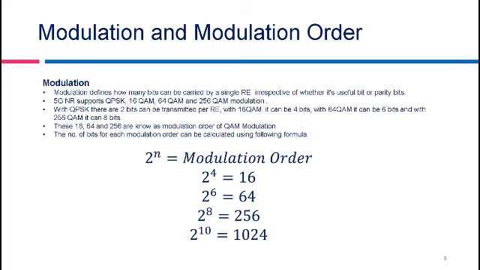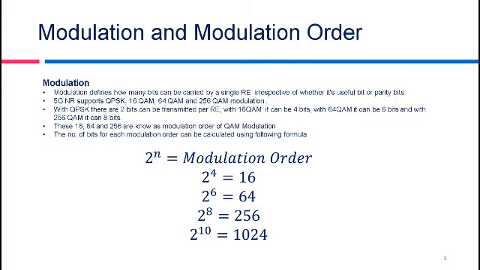With QPSK, 2 bits can be transmitted per resource element. With 16 QAM, it can be 4 bits. With 64 QAM, it can be 6 bits. And with 256 QAM, it can go up to 8 bits per resource element. This 16, 64 and 256 are known as the modulation order of QAM modulation.